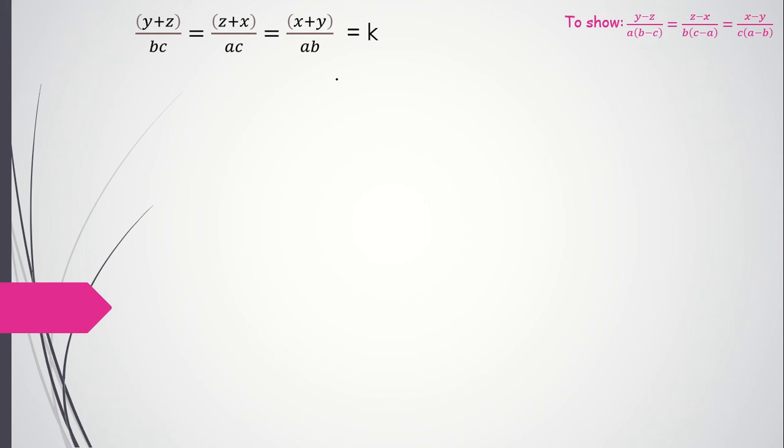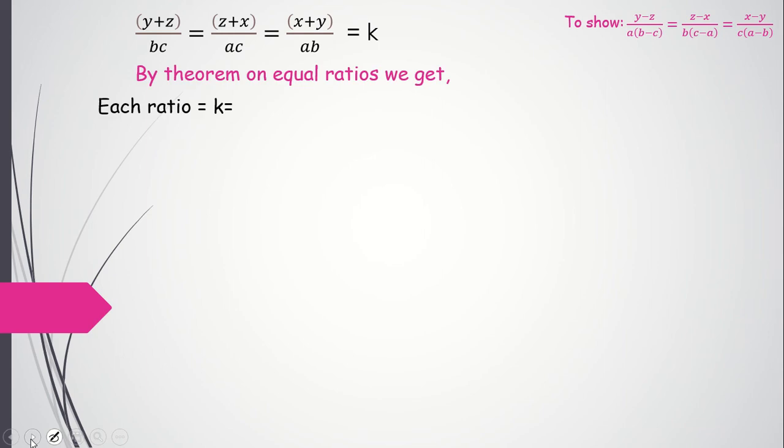We have assumed this to be K. So as I told you, first we are going to do AB minus AC. So by theorem on equal ratios, each ratio K is equal to AB minus AC we do. When you do AB minus AC, the numerator also you have to subtract. So x plus y minus z plus x we will get.